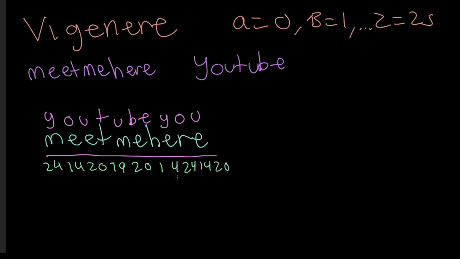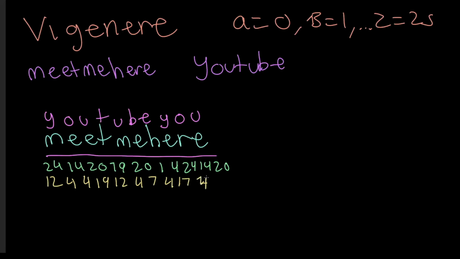Sorry guys, I'm just trying to squeeze that all in there. So under that, we'll repeat meet me here, in a different color. So it becomes 12, 4, 4, 19, 12, 4, 7, 4, 17, and 4.